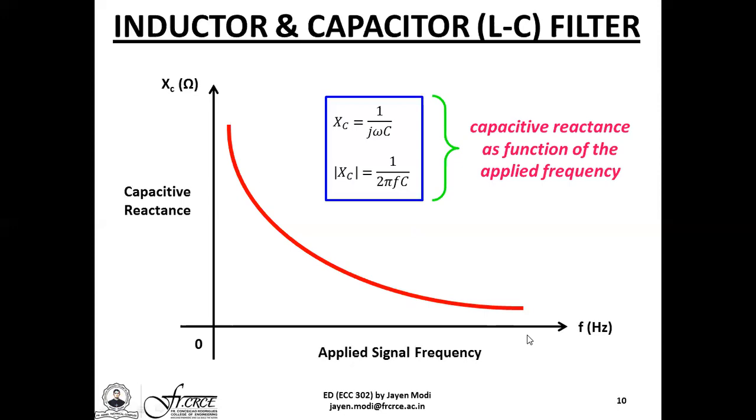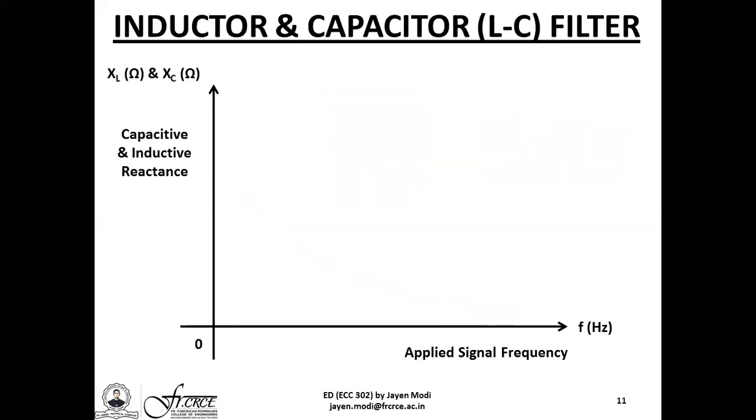Now, when you have the inductor and the capacitor both working in the same circuit together, let us take a look at how the characteristics will now behave. So here, what we are doing is plotting a graph of both the inductive reactance as well as the capacitive reactance, because we are finally dealing with the inductor and capacitor, or a typical LC filter.